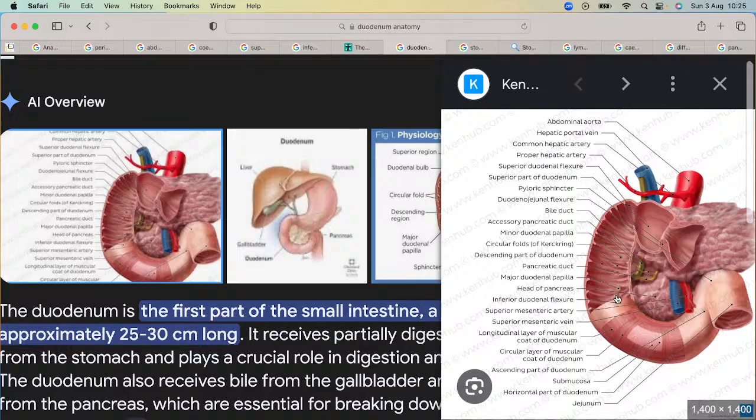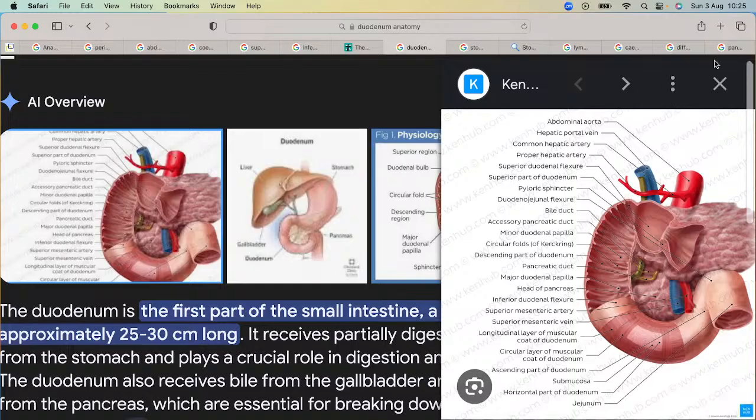The major duodenal papilla of Vater is the point at which the common bile duct joins the duodenum and releases the bile that is stored within the gallbladder or comes directly from the liver. It comes down through the common bile duct and emerges here at the duodenum. But we saw there was also a small contribution from the pancreas.